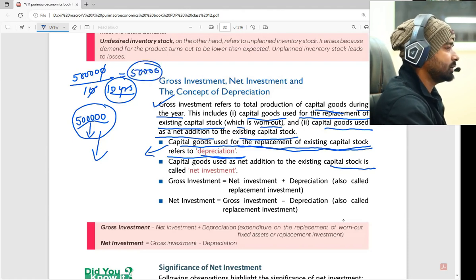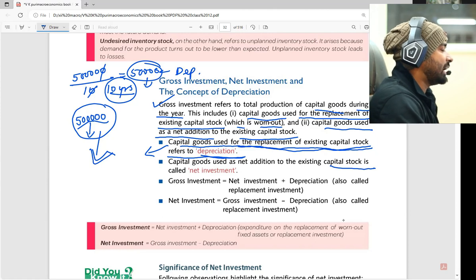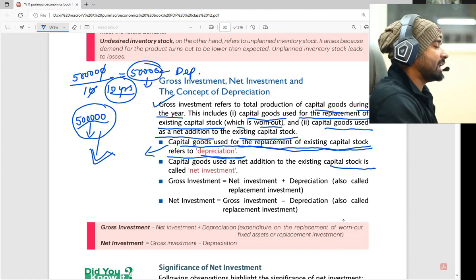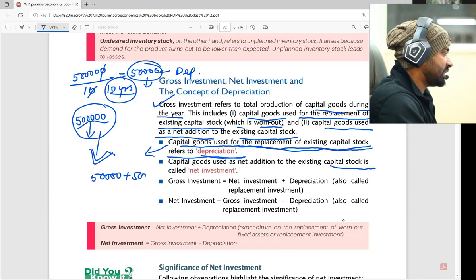Got the point? Yes. Now, if in 1 year the machine value decreases by 50,000, this 50,000 is known as depreciation. And indirectly, this depreciation we are saving, keeping aside in the form of a reserve. The company does this while the amount accumulates: 50,000 this year, next year again 50,000, next year again 50,000, and it goes on up to 10 years.